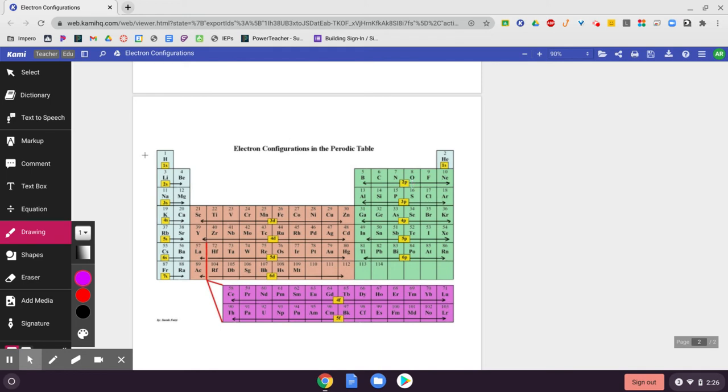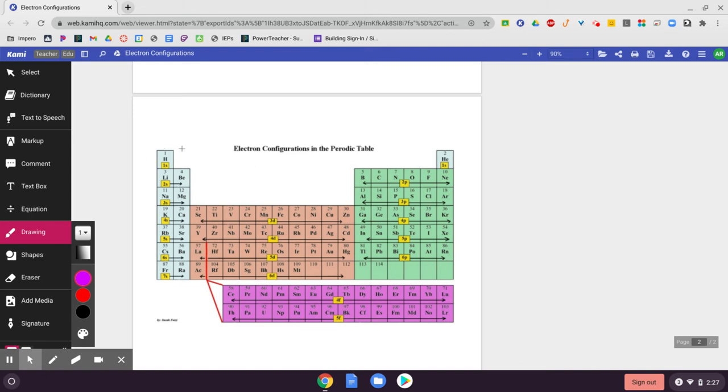Now, there are 7 maximum energy levels, and there are 7 maximum rows that we have on the periodic table. So each row, which is also called a period, corresponds to the energy level that the elements in that period or row exist in. The columns or groups within each block correspond to the maximum amount of electrons that you can put into that orbital.